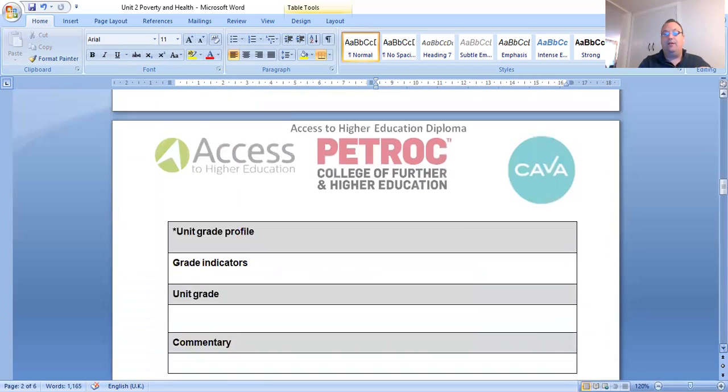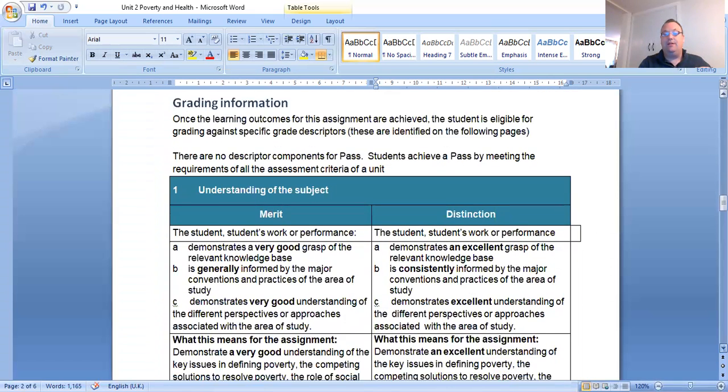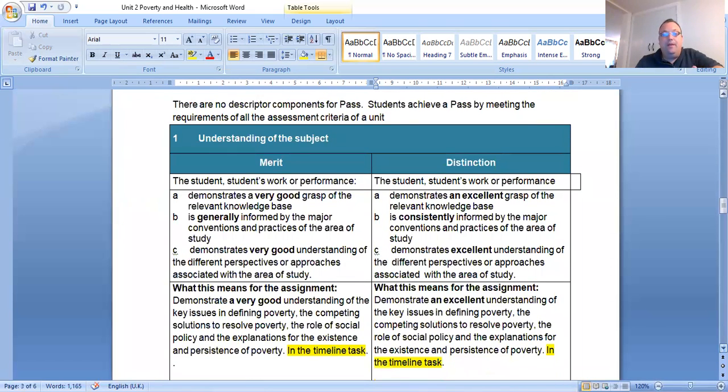Just going through to look at grade descriptors. Grade descriptor 1 is understanding of the subject. Here, good understanding of the ones. So those defining poverty, competing solutions to poverty, and explanations for existence and persistence. This is what goes on your timeline. So this grade descriptor refers to what goes on your timeline.